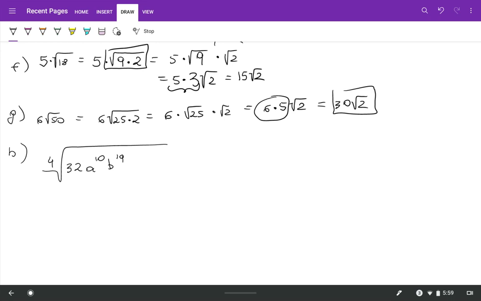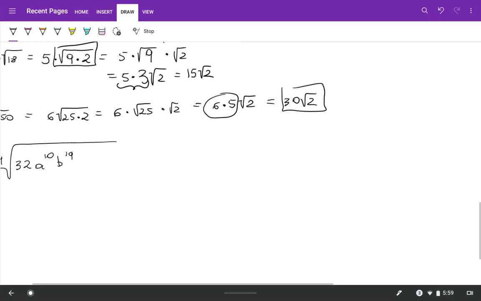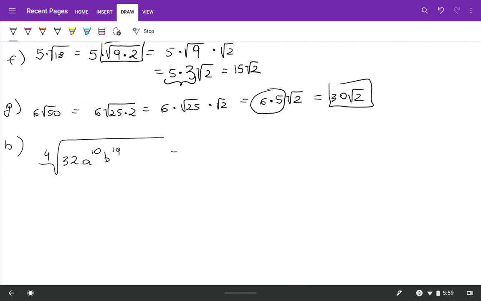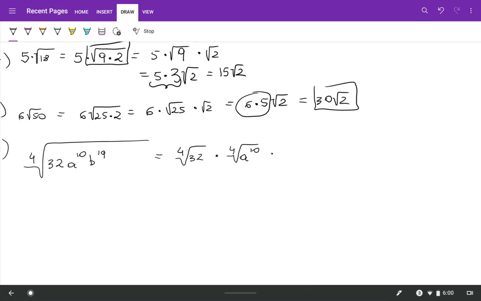So we need to simplify that. Okay, so what we're going to do, I just recommend to break this down as radical of index 4 of 32 times radical of index 4 of A to the power of 10 times radical of index 4 of B to the power of 19.